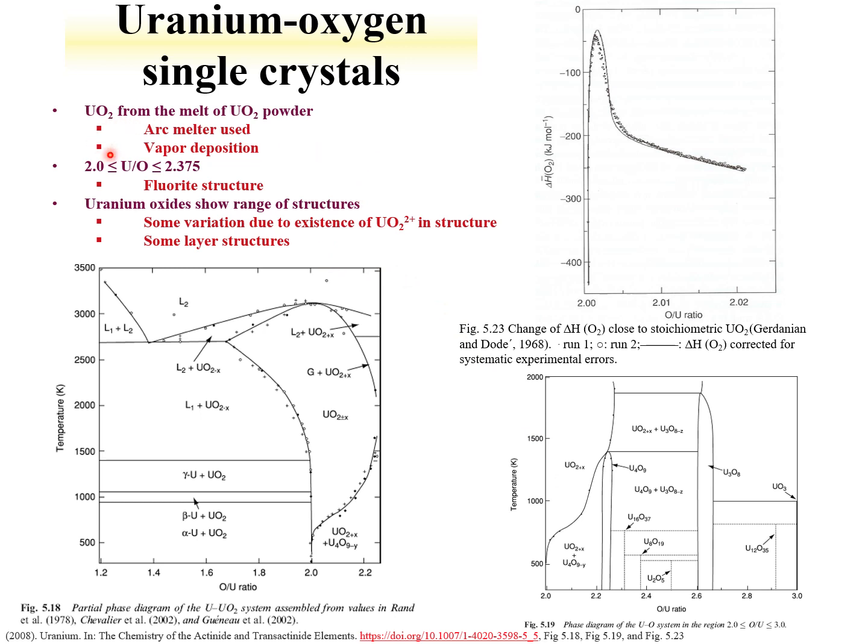One of the things that comes out of this is that there's a way to tune the oxygen to uranium ratio. As we see here, we have UO2 plus X or UO2 minus X. So for nuclear fuels, we can actually tune in the ratio of oxygen to uranium.